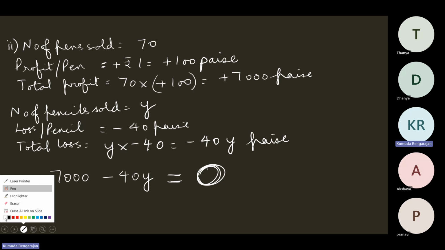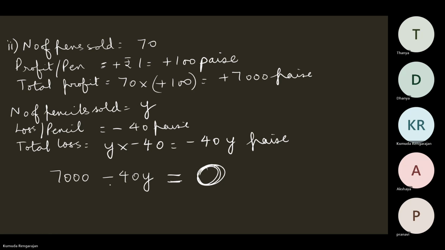How will you solve this? Solve in your book and tell me the answer, children. I'll just come back in a minute. 175, ma'am. Yeah, how do I solve this?